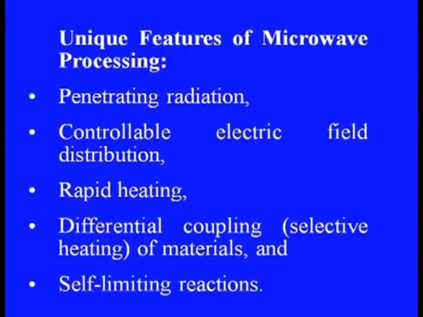And if the material is an absorbing material, then the interaction becomes very fast and heating becomes very fast. Then another important and very significant feature of this processing is differential coupling, that means selective heating.